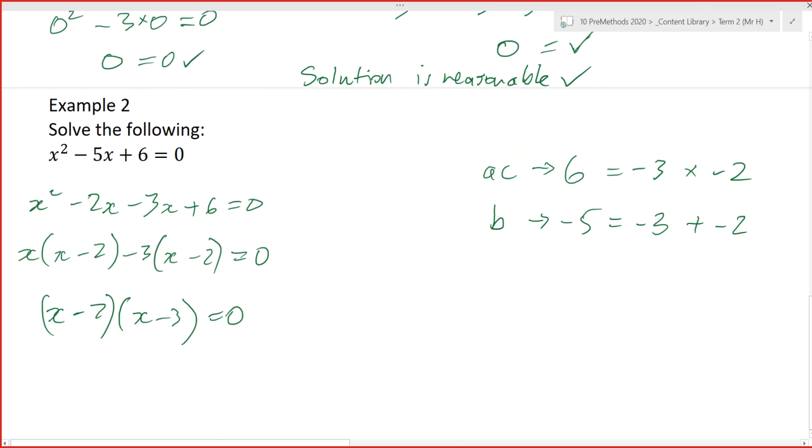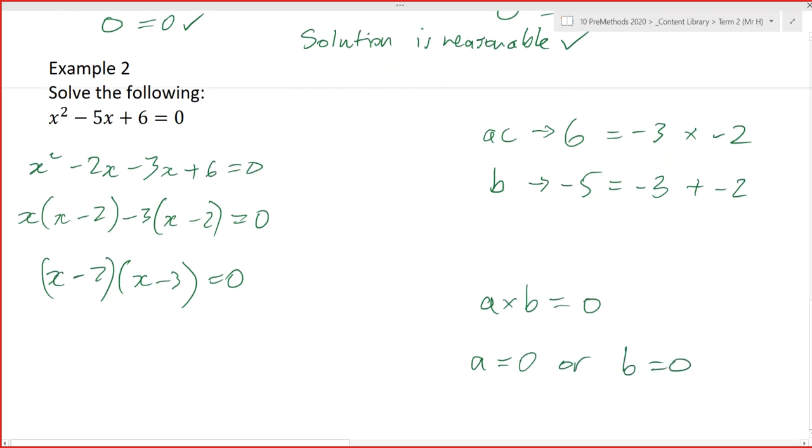Alright, and now we use the null factor law. So A times B equals 0, so A is equal to 0, or B is equal to 0. This could be our A. I'll change colors.